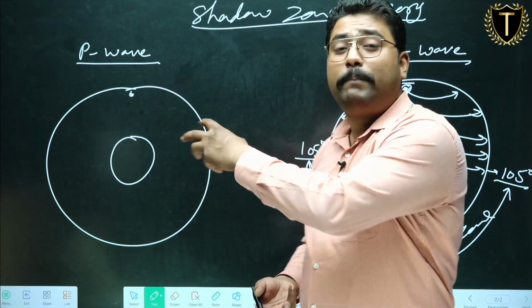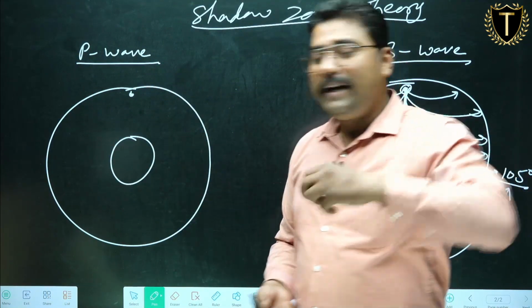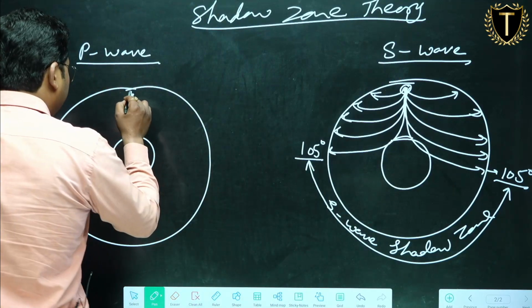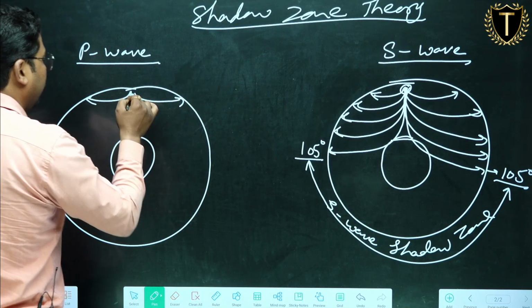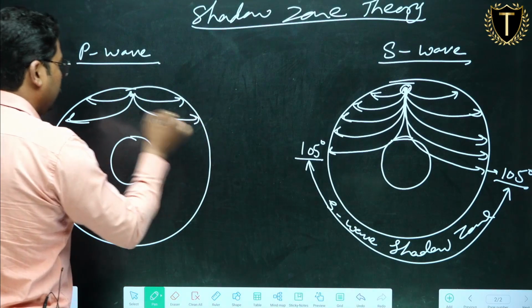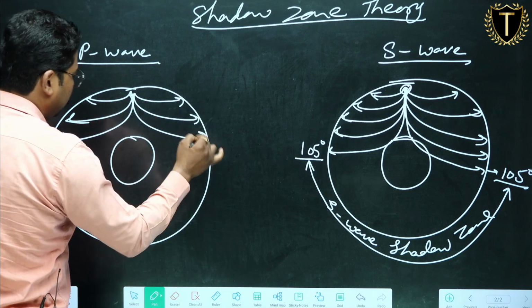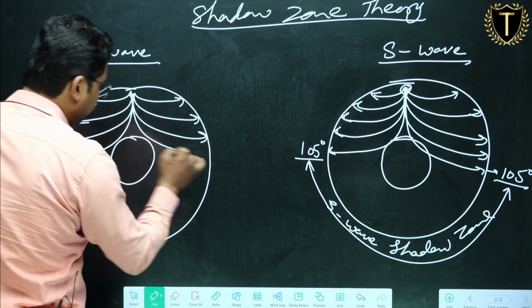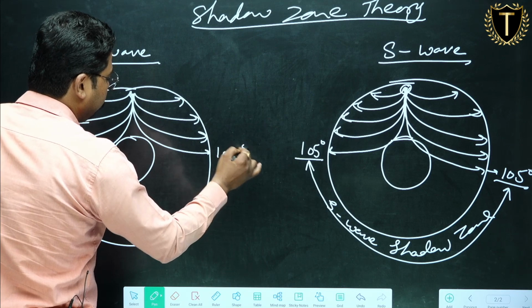Now moving on to the P wave shadow zone. It has been noticed that P waves are also recorded at all places over the Earth from the focus up to 105 degrees.